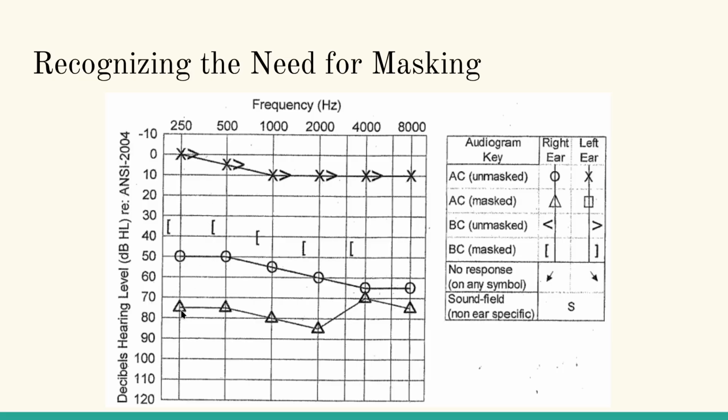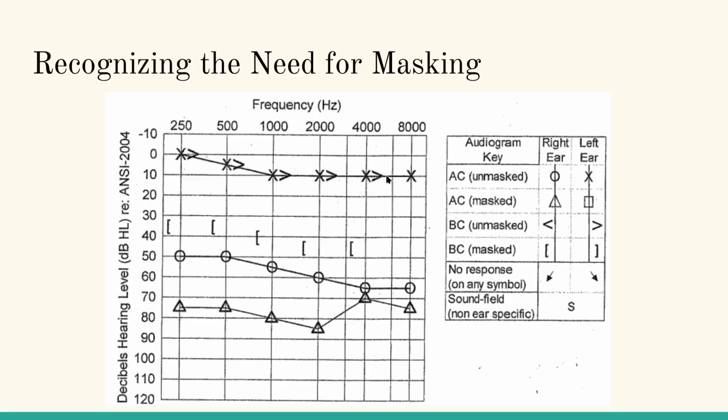When we mask for air conduction, we're applying clinical masking noise by air conduction to the non-test ear, the left ear. So we need to mask in this situation for both air conduction for the right ear and for bone conduction for the right ear. We mask for bone conduction for the right ear because there's a difference between the air conduction threshold in the right ear, even at 50 here, and the unmasked bone conduction threshold that is greater than 10 dB.